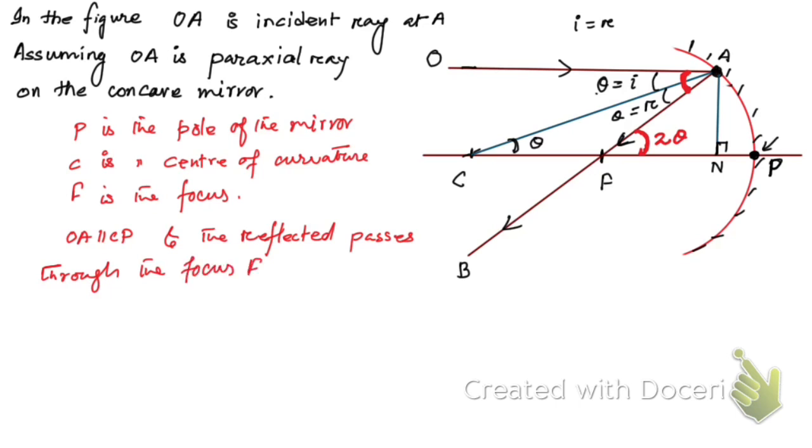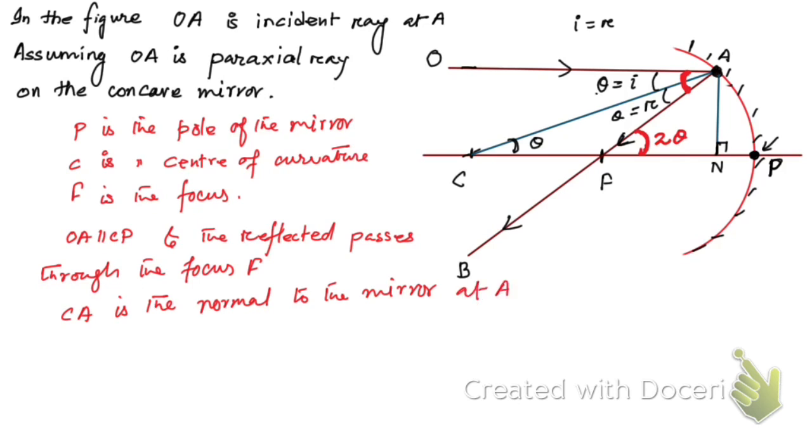And CA is the normal. This CA is the normal to the mirror at the point A, right?